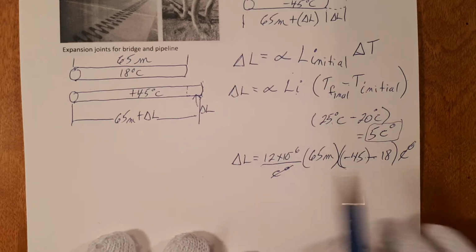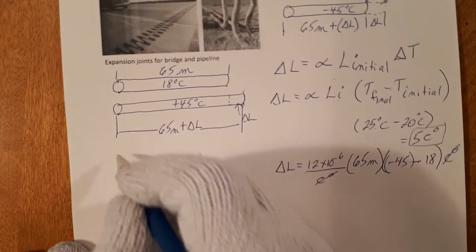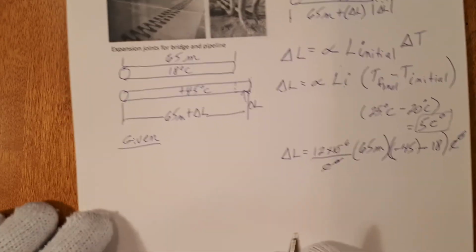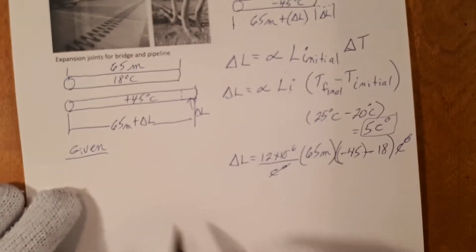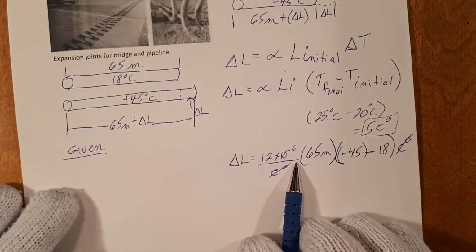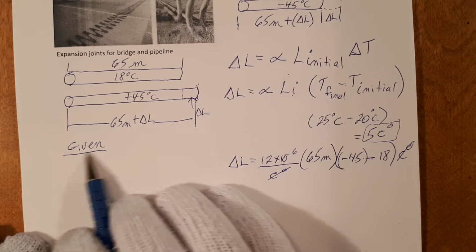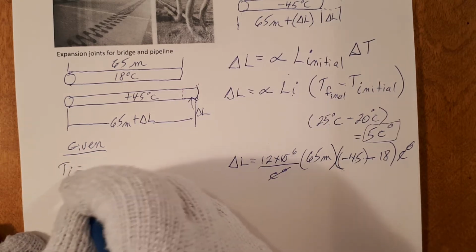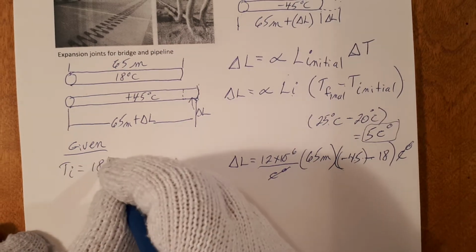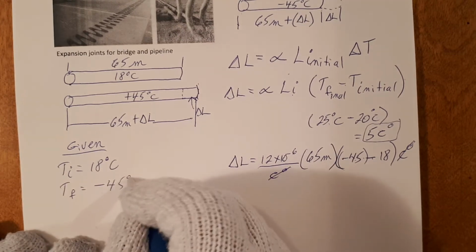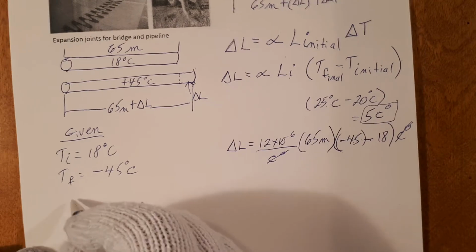Now the step that I missed here, and I'm just going to go back and do it, is write down what is given. I took liberties and skipped this step, so I'm going to go back now and add it in. So write down what's given. The initial temperature is 18 degrees Celsius. The final temperature is equal to minus 45 degrees Celsius.